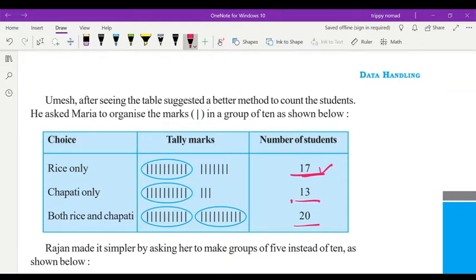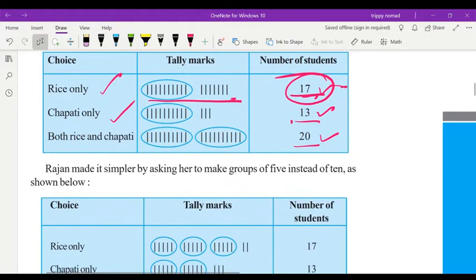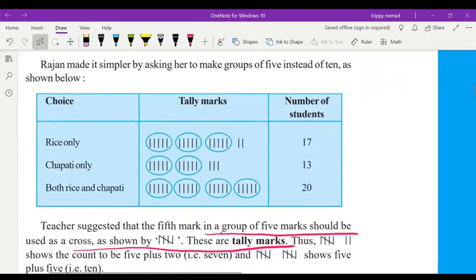Instead of writing the number, these numbers are the frequency. That means the number of students, how many children have eaten rice only, chapati only, are called frequency. If this frequency is written in the form of marks, that is called tally marks. For our convenience, we have grouped the tally marks into groups of 5.